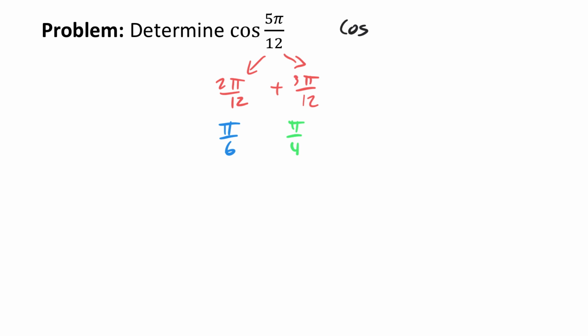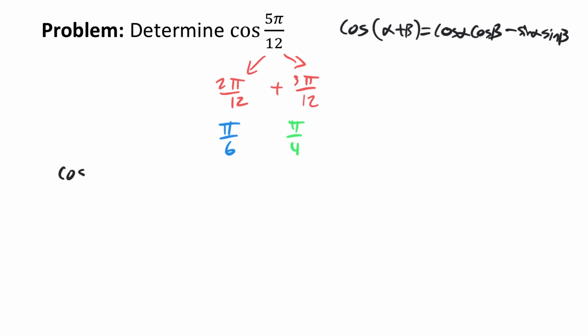Now the formula is cos alpha plus beta equals cos alpha cos beta minus sine alpha sine beta. And you just follow along with whatever the formula sheet says.